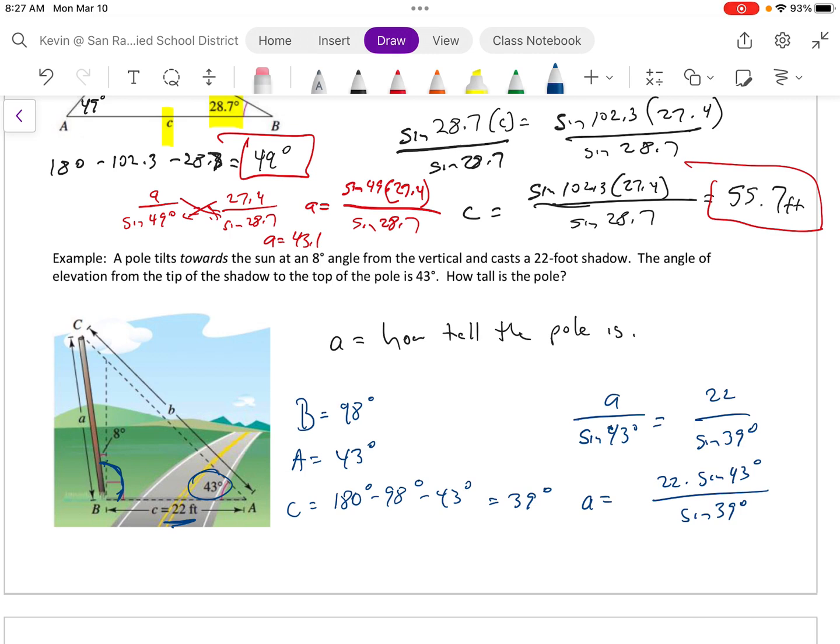Okay, so A equals 22 times the sine of 43 degrees, all divided by sine of 39 degrees. Sine 43 times 22. That's different. Let's try this again. Sine of 43 times 22.